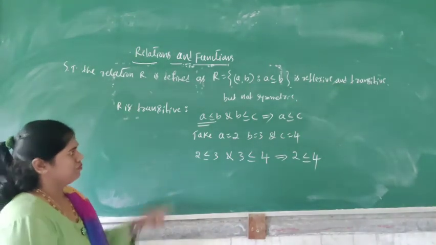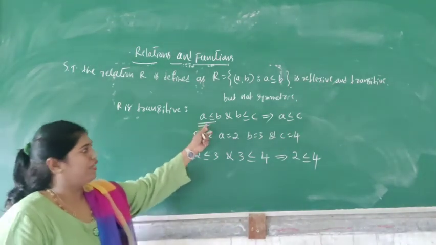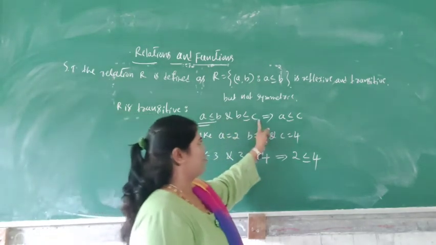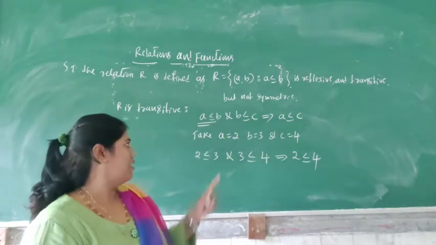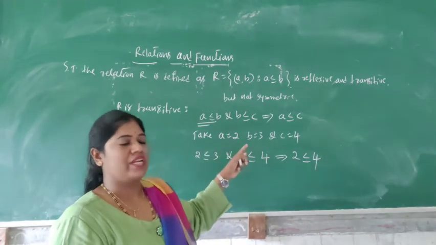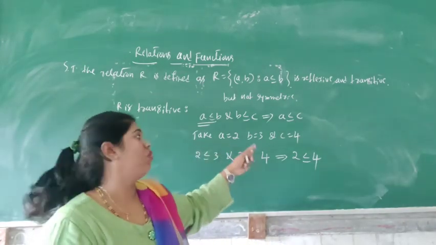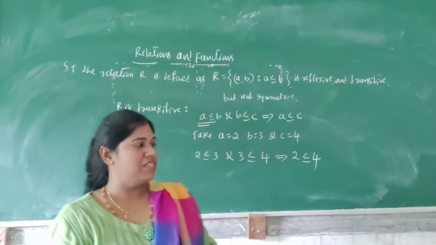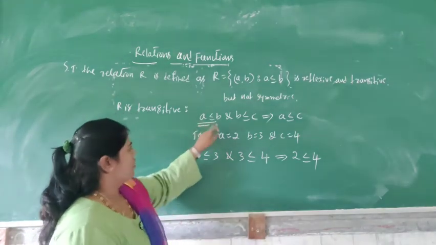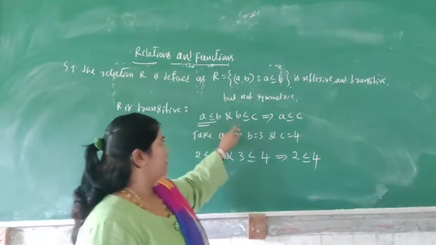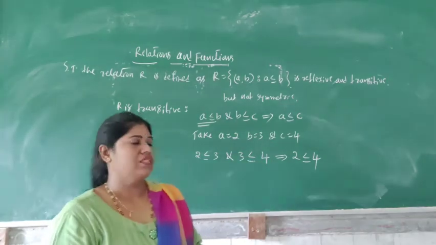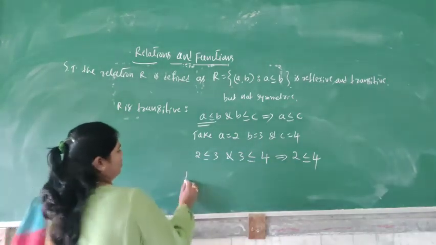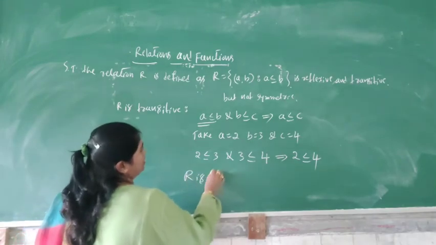Correct, no? A less than or equal to B, B less than or equal to C, implies A less than or equal to C. So if I take the example A equals 2, B equals 3, C equals 4, then 2 is less than or equal to 3, 3 is less than or equal to 4, implies 2 is also less than or equal to 4. So R is transitive.